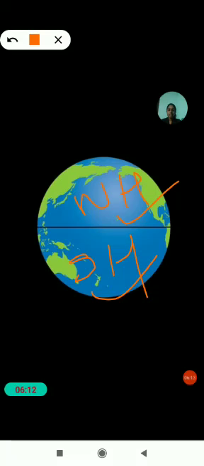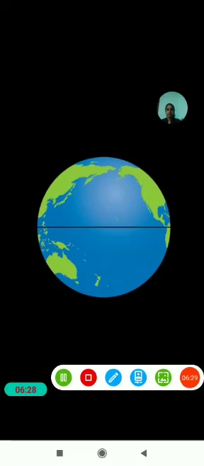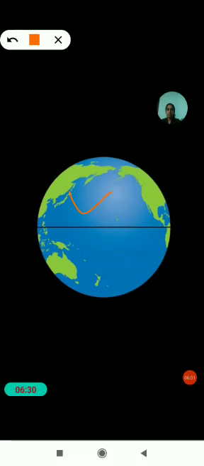The northern hemisphere consists of most of the Earth's land. So it is called the land hemisphere. Most of the Earth's land is included in this area.